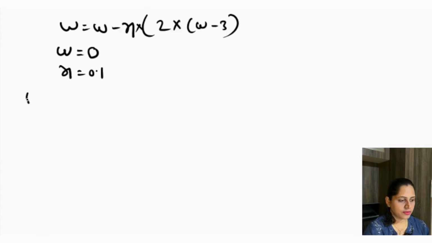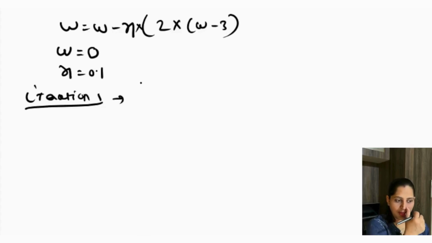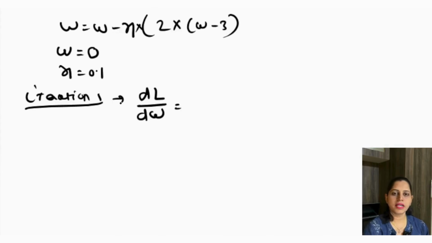So iteration will happen, right? Iteration 1. Before iteration, you have to know one more thing here: what is the final weight, and till what weight it is going to converge. So what is the goal, guys, here? In gradient descent, what is the final thing? That my slope or my gradient should be 0 to converge, right?